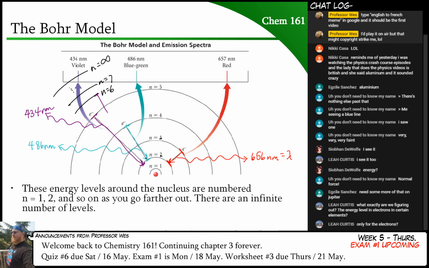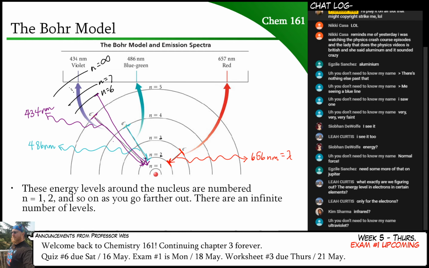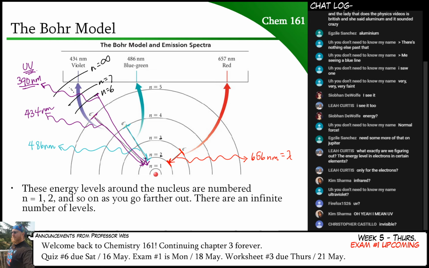So if I went from 6 down to 2, this would still emit a photon, but it might be something like this. And that would be a UV photon, yeah. And that photon, very good, would be invisible because our eyes don't see it.